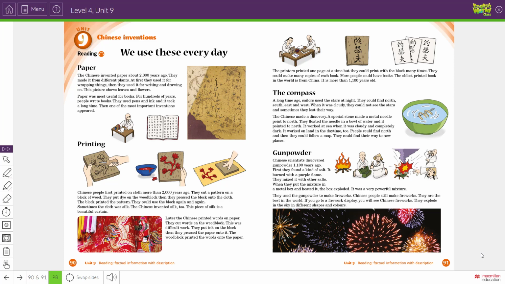I can see people who were trying to make fire. Maybe. We are going to discover later. And finally, what can you see? Yes. These are fireworks, and all of us know what are the fireworks.